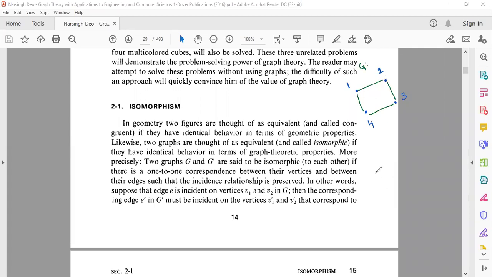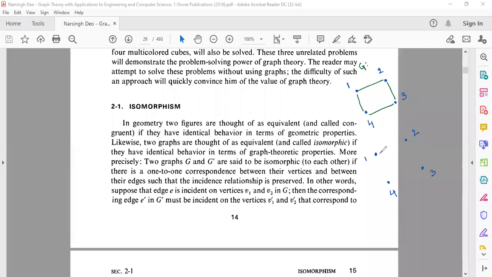Now, what I'm going to do is distort this structure a little bit. So how am I going to distort it? Let us find out. I'm again considering the same four vertices, 1, 2, 3, 4, like this, and I'm going to join them in the following manner.